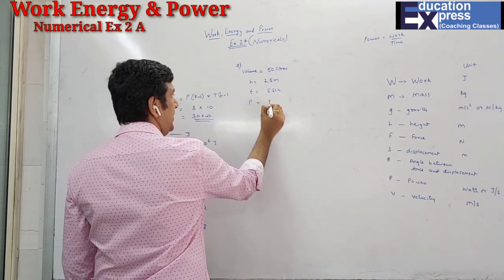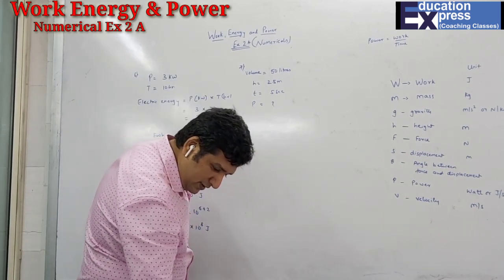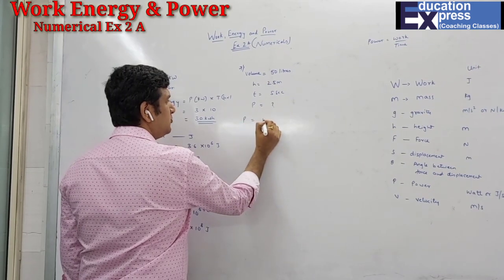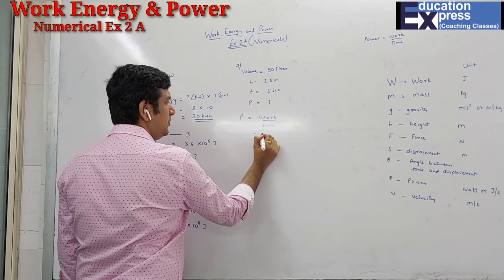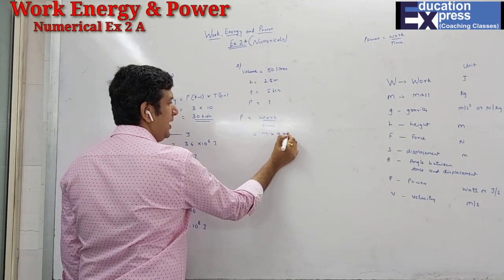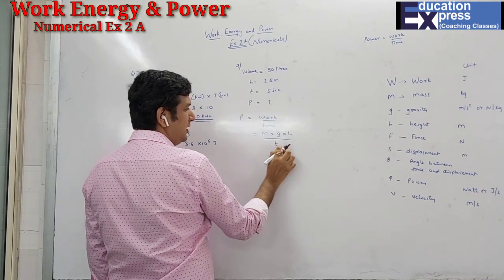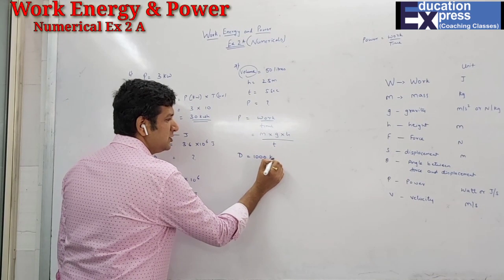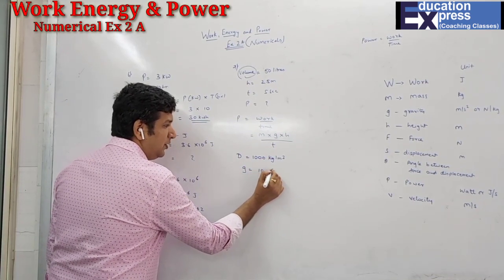Again power, students, over here we are lifting. So power is work upon time, and we can consider the work as mgh, as we have the gravity available, height also available and time also available. Along with this information, we are given the density as 1000 kg per meter cube and the gravity as 10 Newton per kg.